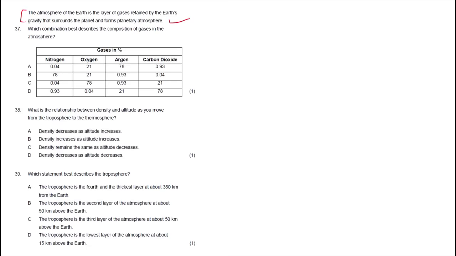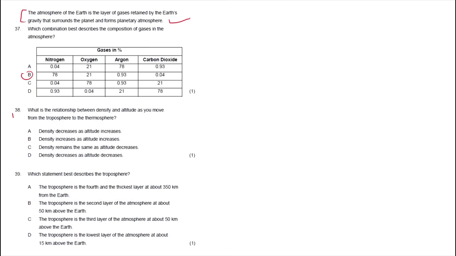Okay, so the correct answer will be B. This is the one that best describes the standard atmospheric composition.